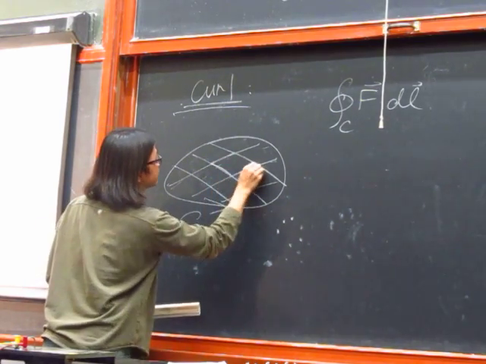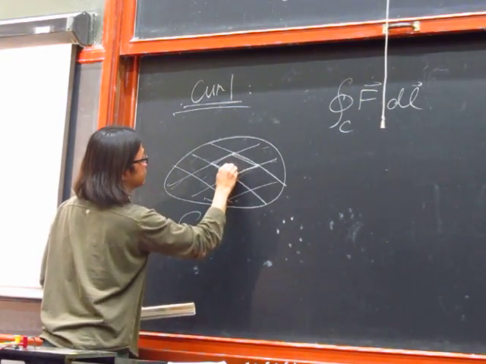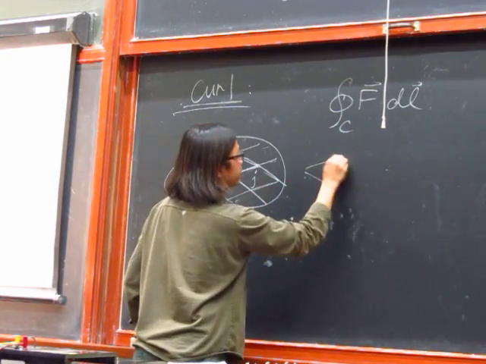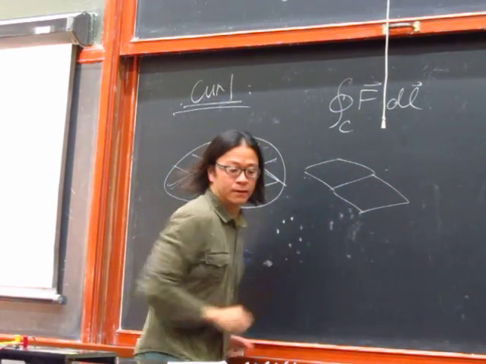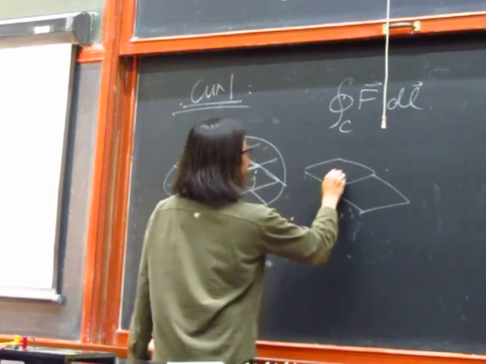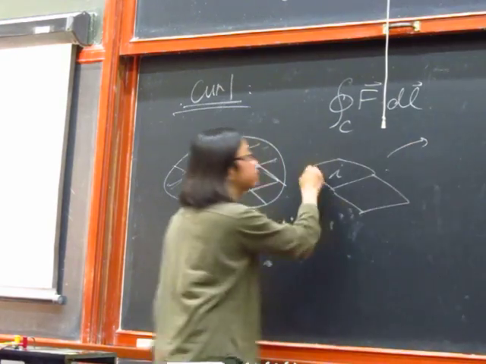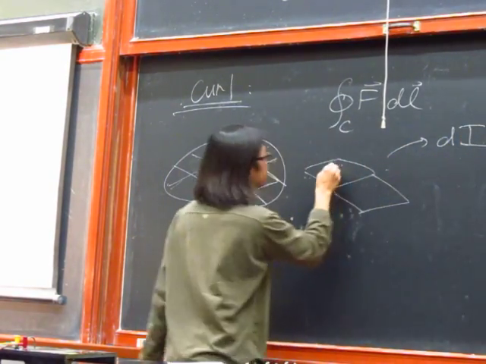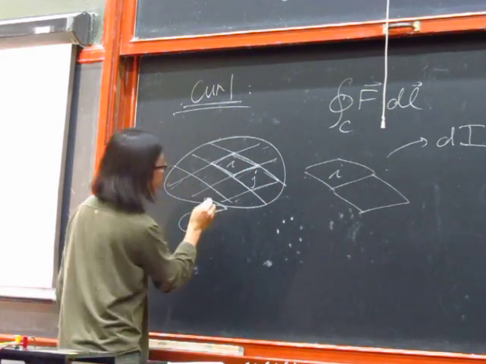If I consider segments like this, this is the i segment, this is the j segment. If I draw it here again, then I can consider a differential line integral around this segment, also following the right-hand rule, by the way.